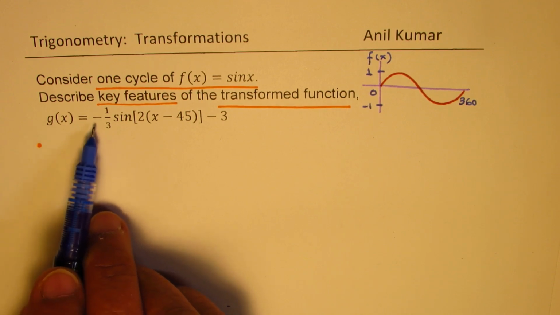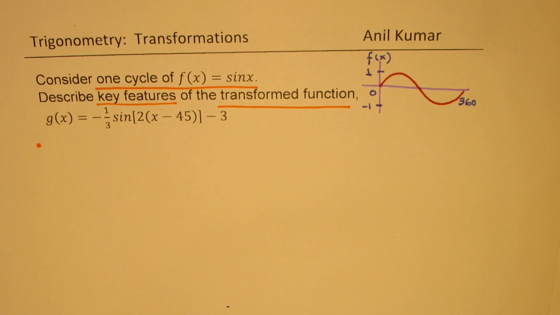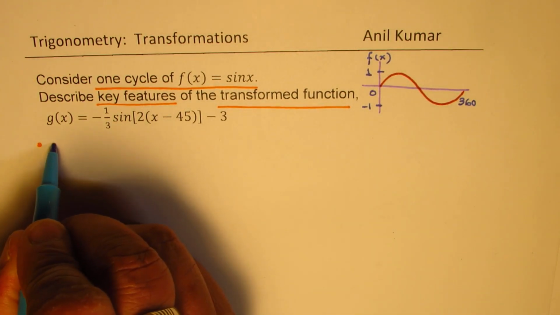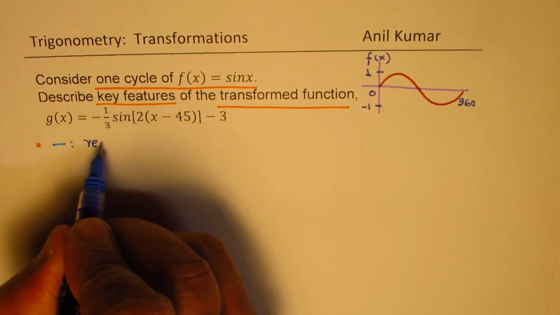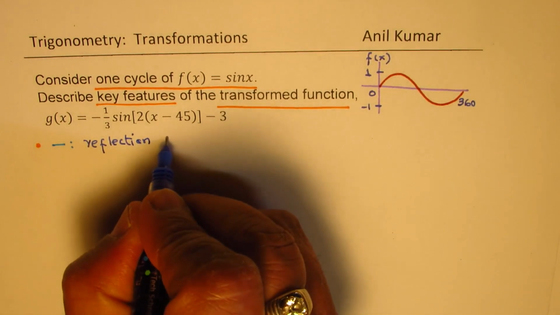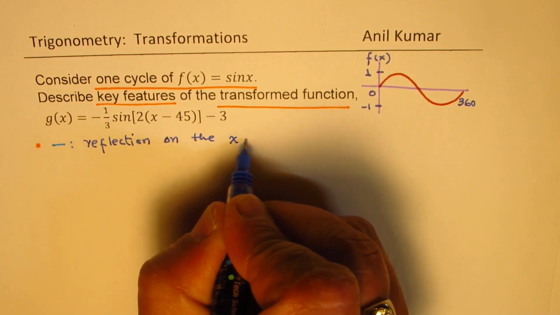So first thing is the minus. What does this minus indicate? Let's write down which parameter we are looking at, and then we'll try to describe it. First we are looking at this negative sign, and that really means a reflection on the x-axis.